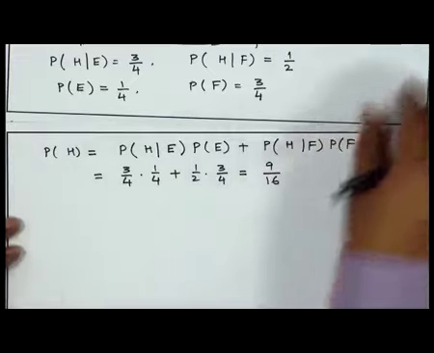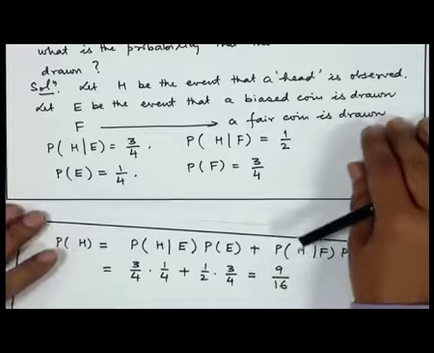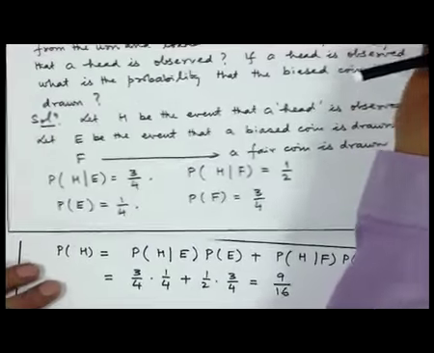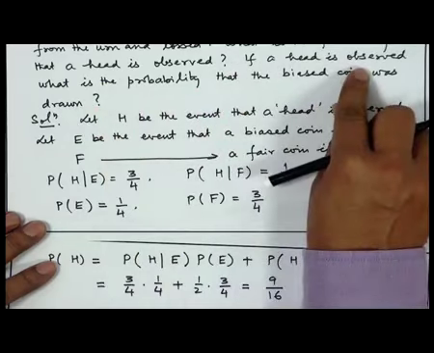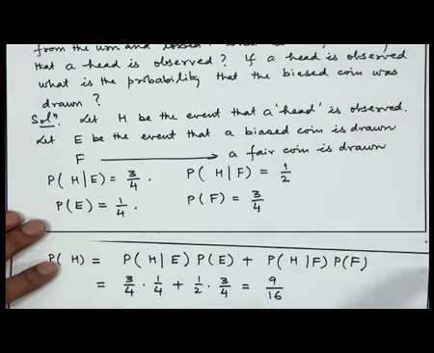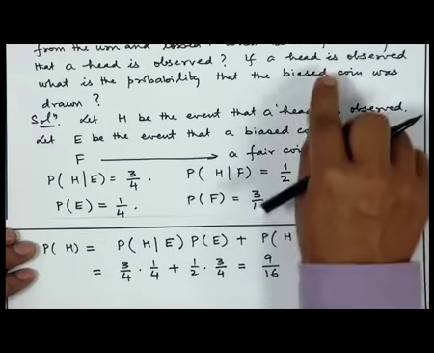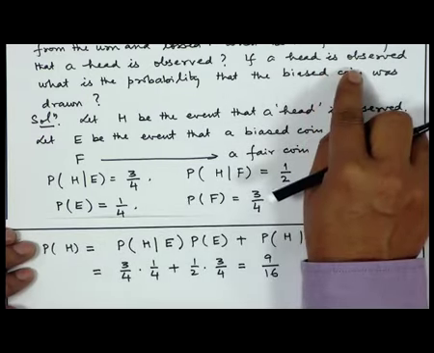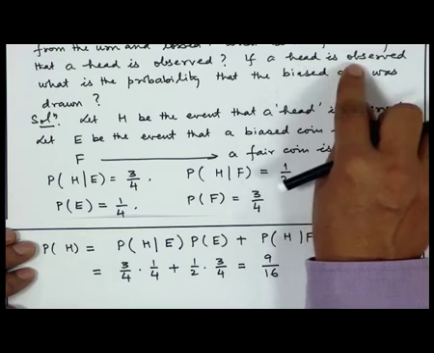Let us look at the second part of the problem. The second part of the problem was, what is the probability that the biased coin was drawn if a head is observed? That means, it is the reverse, because we are asking the probability of the event which appeared first, because the coin is drawn first. So, we now know the final outcome.